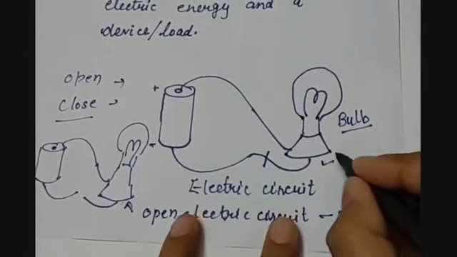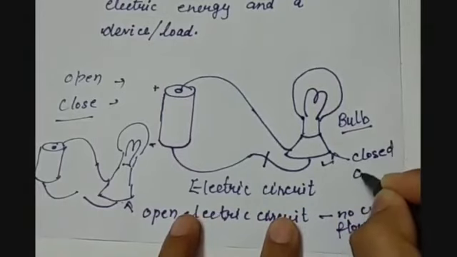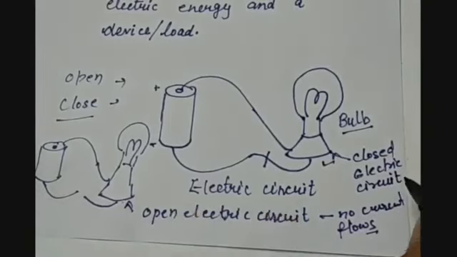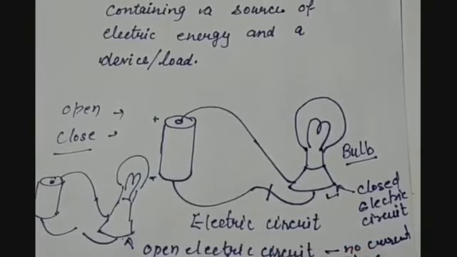So this will be called a closed electric circuit. So these are two types of electric circuits. Remember that electric circuit is a closed conducting path containing a source of electric energy and a device or load.